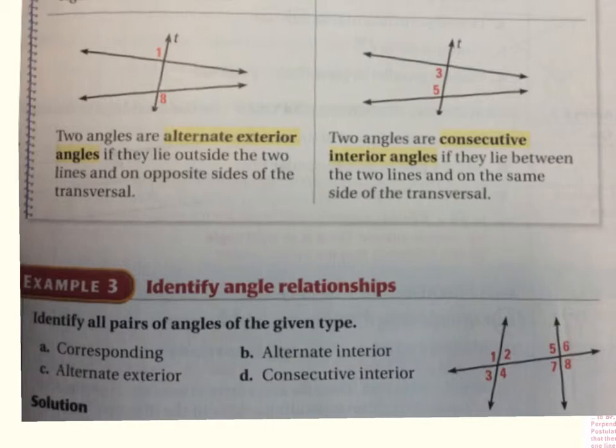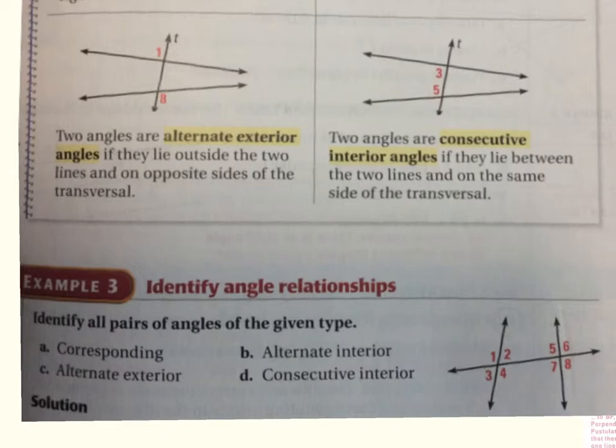Here, let me get my little pointer here. Okay, so angle 1 and angle 5. See how they're on the same part of the line here. Then 2 and 6, 3 and 7, and 4 and 8. Those are all in the corresponding positions in relation to their lines.